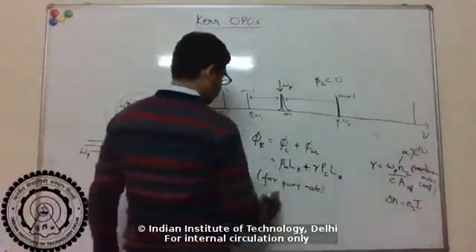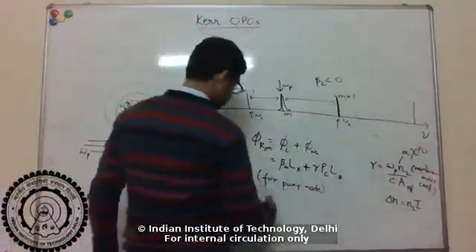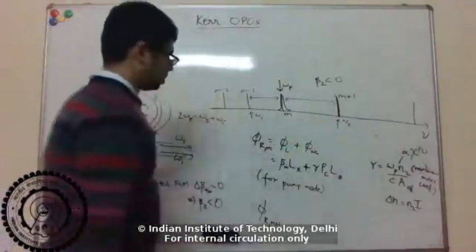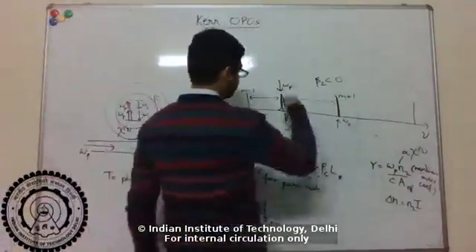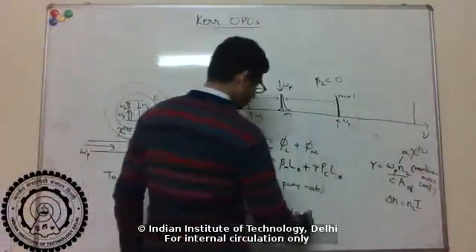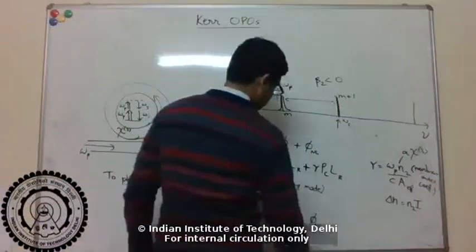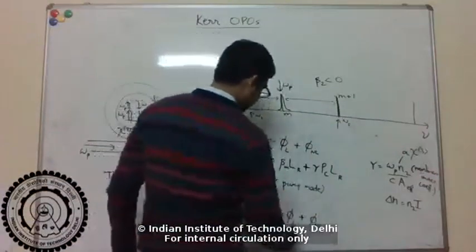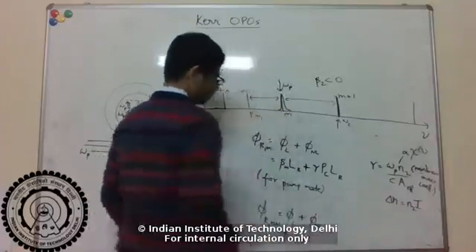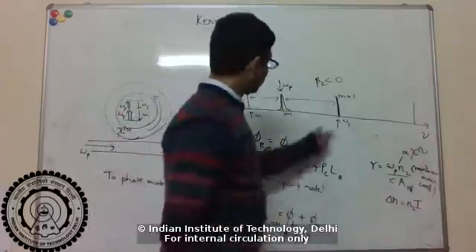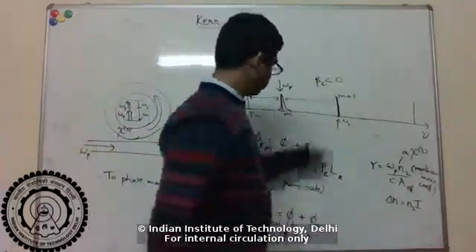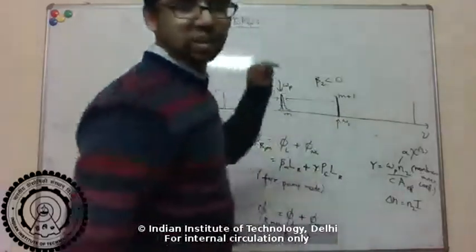Let's call this index n. So for m plus 1, or in general any other resonance except the one where you pump, we will again have the linear and nonlinear phase. The linear you can again write as beta times L. But the nonlinear phase for any mode other than the pump, will it be the same, or will there be a slight difference?